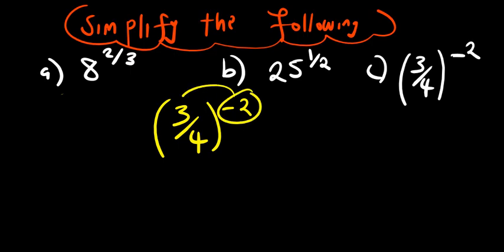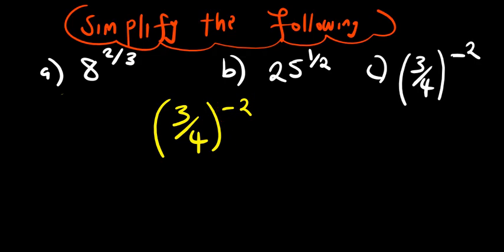It's multiplying with the powers of these numbers that are inside here, not the actual numbers. Okay? So now let me ask, what power does 3 have here? Because they haven't given us a power, the power is 1. What power does 4 have here? They also haven't given us a power, so the power is 1. So now the negative 2 is going to multiply by all those ones on these numbers.